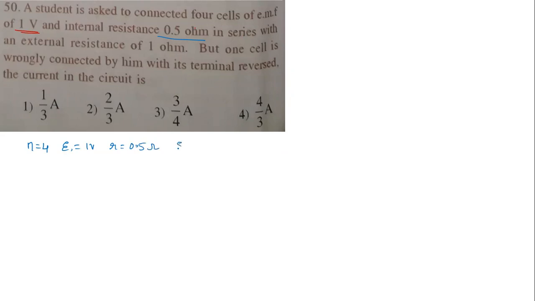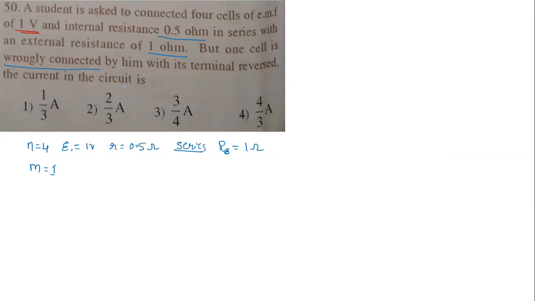It is a series combination with an external resistance of 1 ohm. The external resistance, capital R, is 1 ohm. But one cell is wrongly connected. The number of cells wrongly connected is 1, with its terminals reversed, which means wrongly connected.